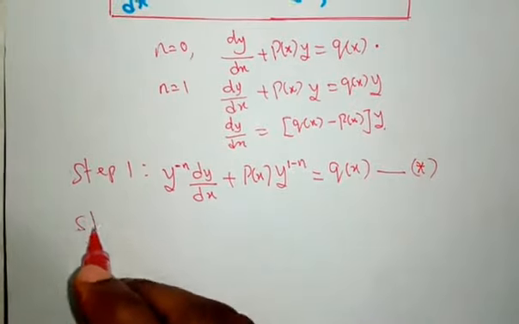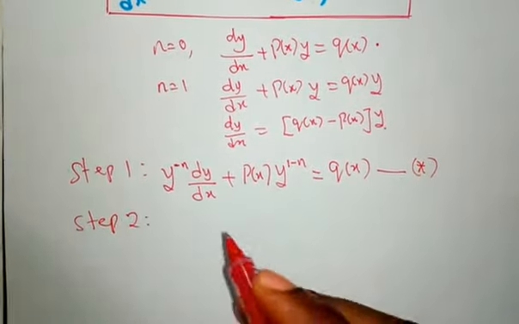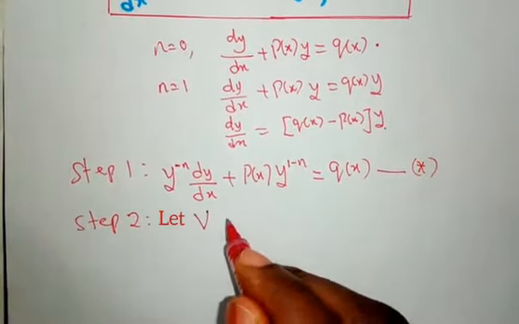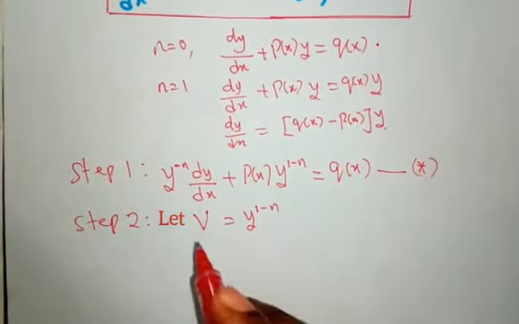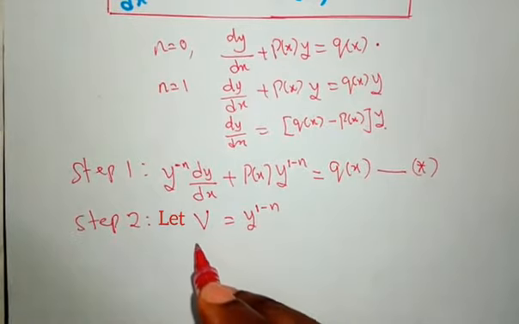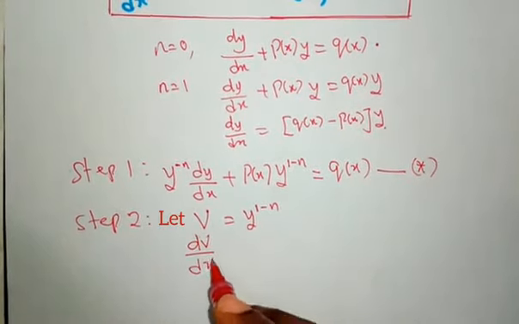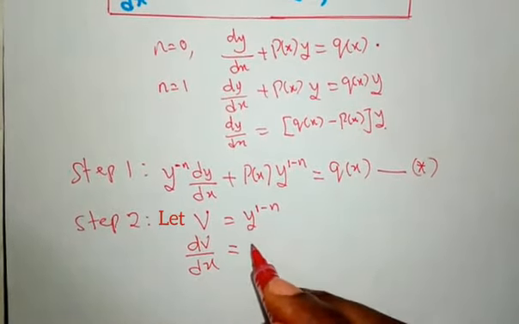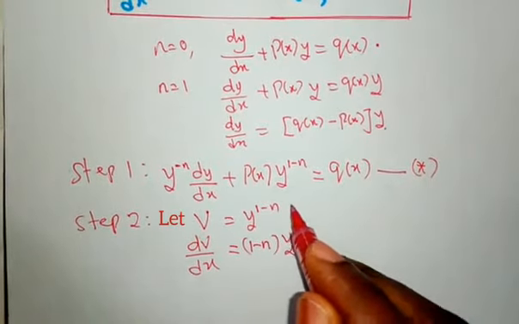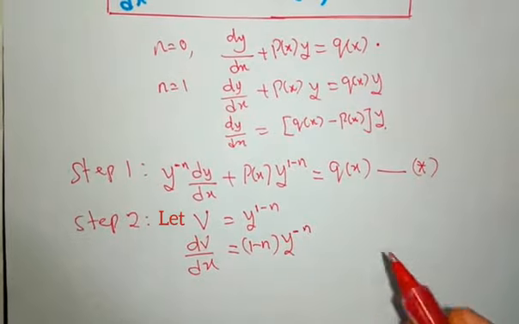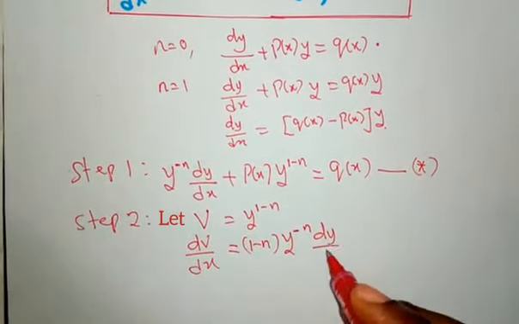Now step 2, we introduce a new variable v, where v = y^(1-n). Now if we differentiate v with respect to x, we have dv/dx = (1-n)y^((1-n)-1), that gives us y^(-n) dy/dx.